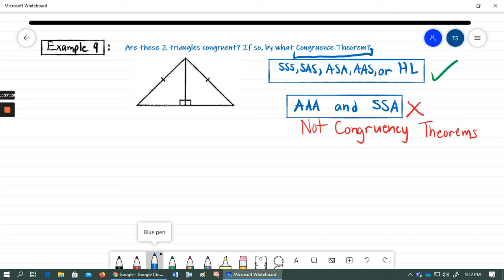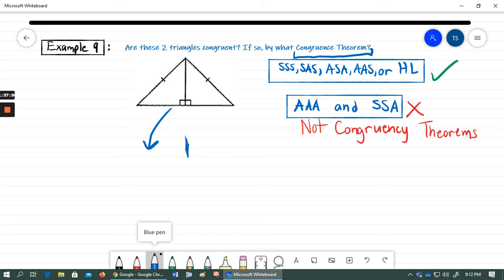Okay, so folks, here we go. We got example 9 right here. Are these two triangles congruent, and if so, by what congruence theorem? Okay, so folks, we got these two. They look like Siamese twins, and they're conjoined.